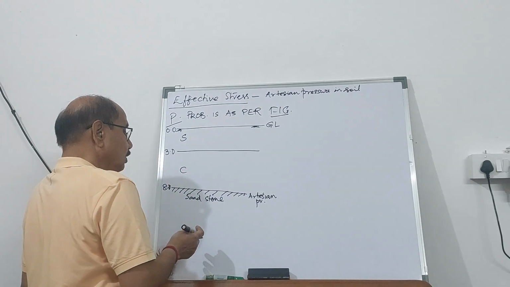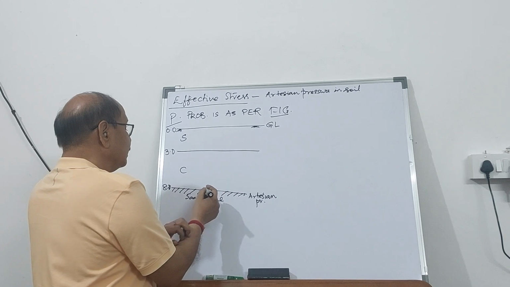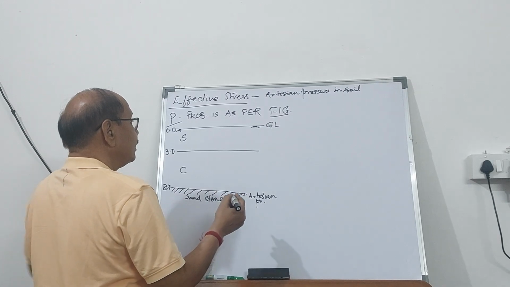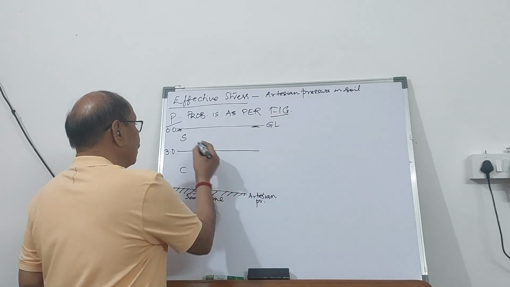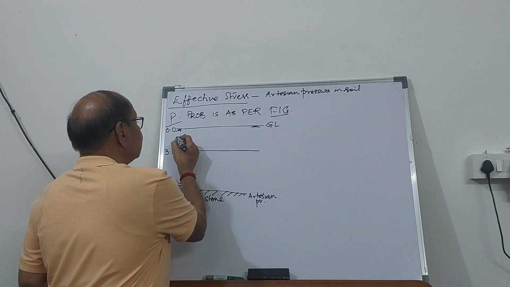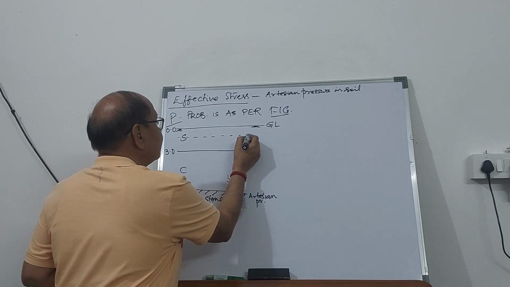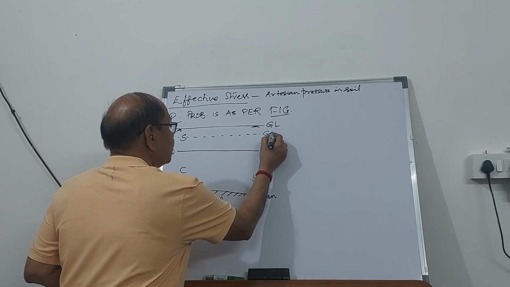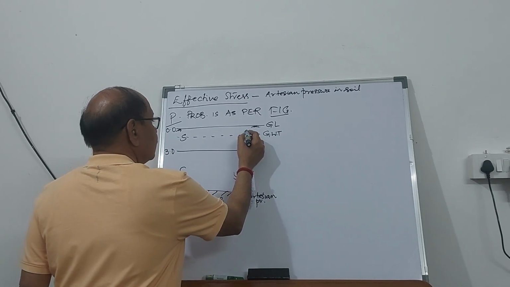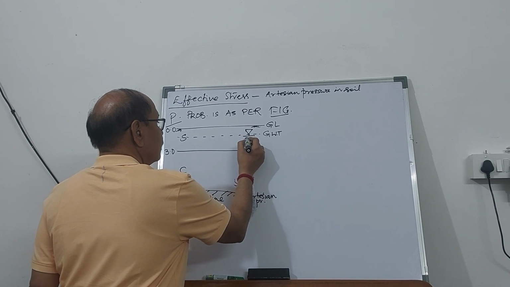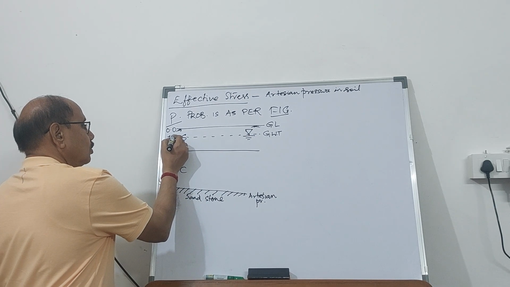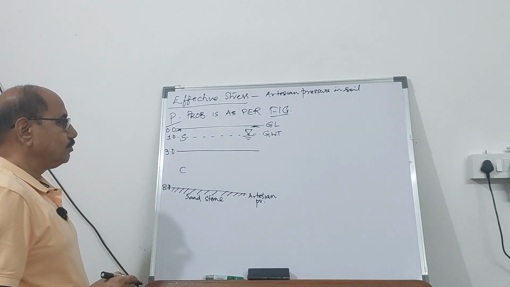If you go below this in sandstone, there is going to be Artesian pressure, and the groundwater table is 1 meter below the ground level in the sandy layer, as shown here.